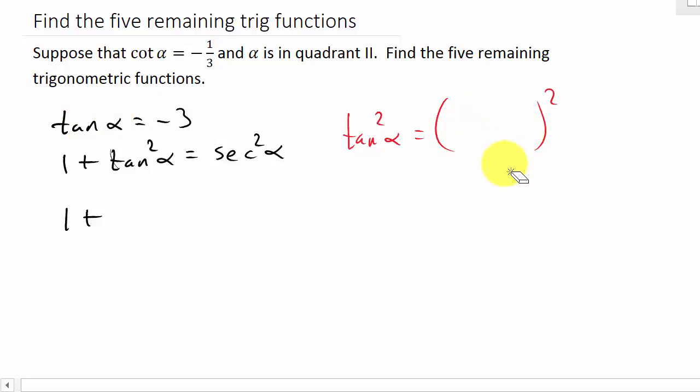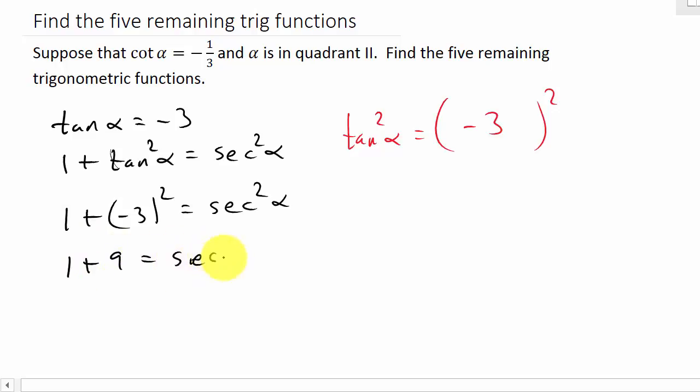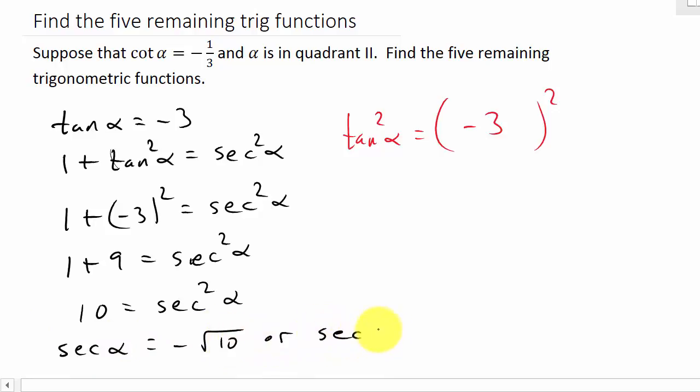So 1 plus negative 3 squared equals secant squared alpha. That's 1 plus 9, so 10 equals secant squared alpha. Then I'm going to use the square root property. So secant alpha is negative square root of 10, or secant alpha is positive square root of 10.